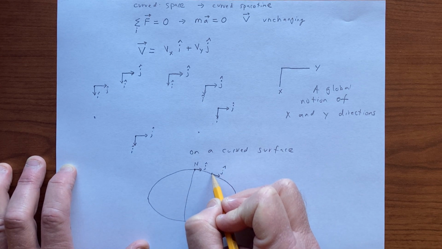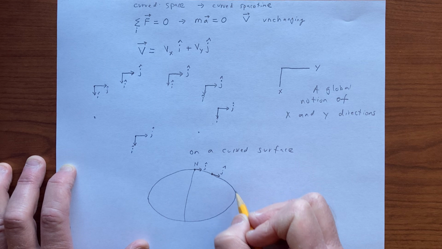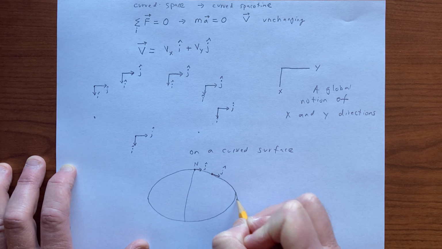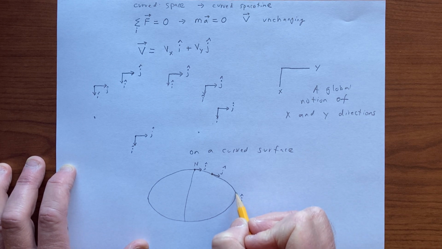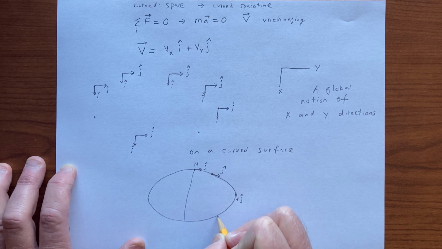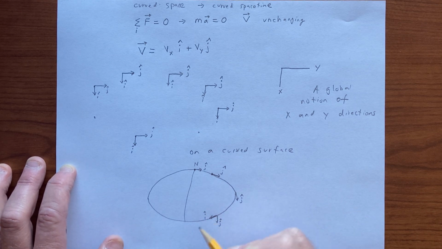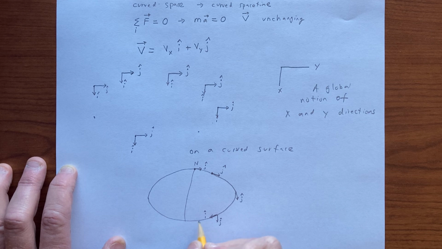And my X direction is pointing out of the page, and I continue this all the way until I get down here, and then the Y direction is pointing downwards, and the X direction is still out. And then I continue to do this as I'm going around here, and my J hat is that way, and my I hat is to the left, tangent to the equator. And then when I get here, that continues to be true.